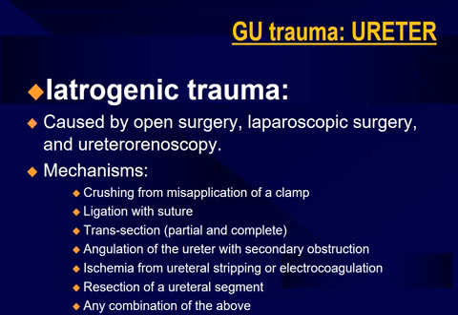The mechanisms during open surgery and or laparoscopy include crushing from misapplication of a clamp, ligation with suture, transection with a scissor, angulation during dissection, or ischemia from ureteral stripping, or use of excessive electrocoagulation during any surgical procedure, resection of part of the ureteral segment unintentionally, or any of these causes in combination.